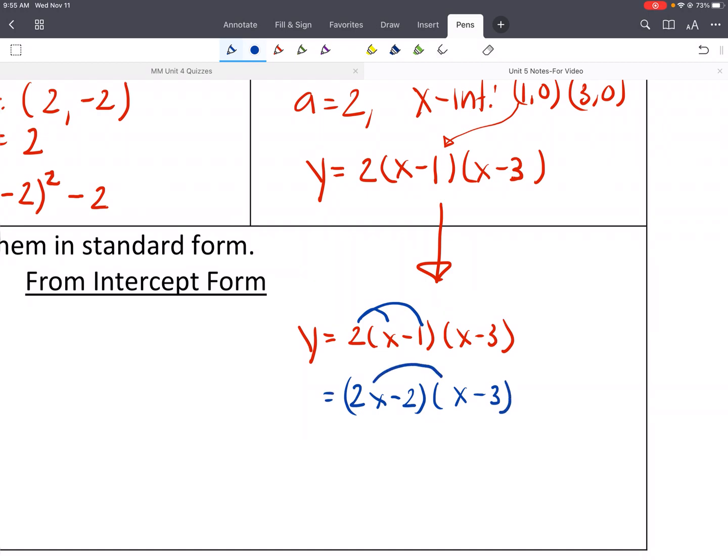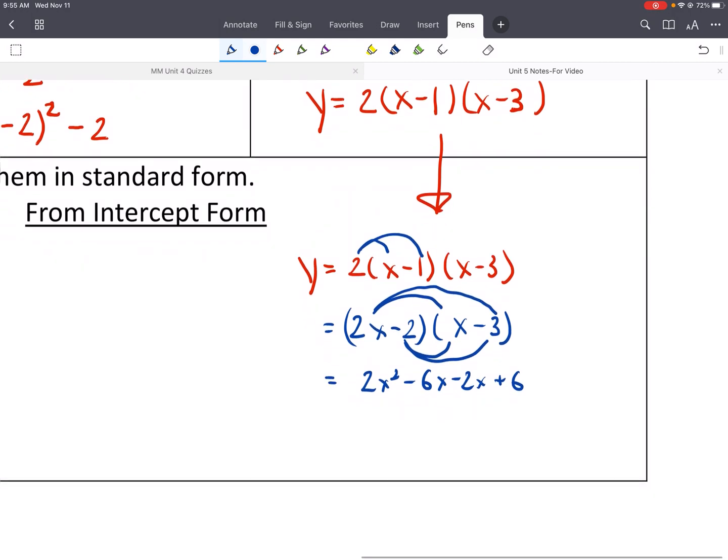So that would give us 2x squared minus 6x minus 2x plus 6. And then we'll just combine like terms and would get y is equal to 2x squared minus 8x plus 6. So this would be standard form.